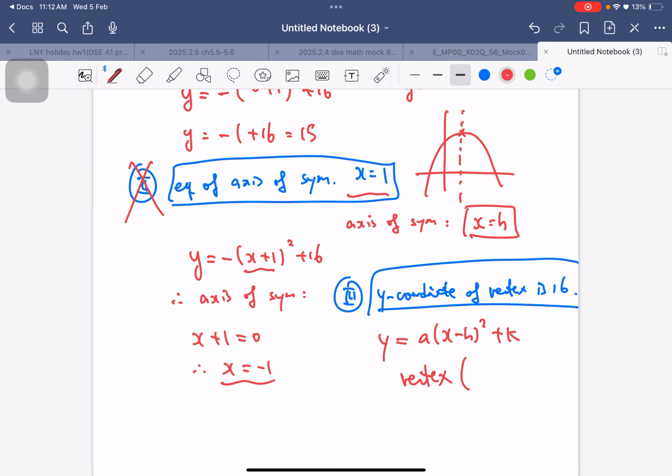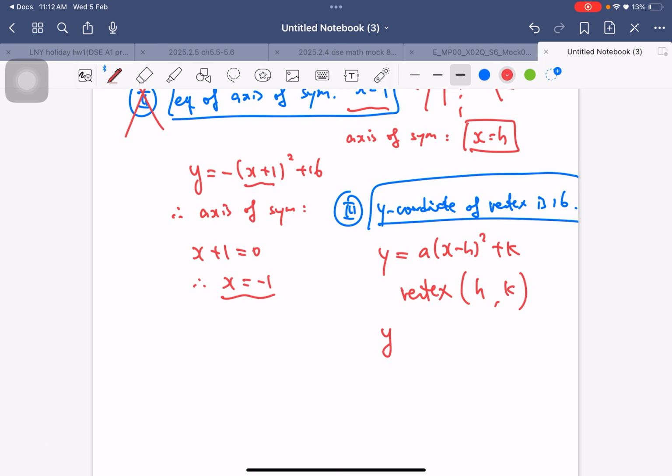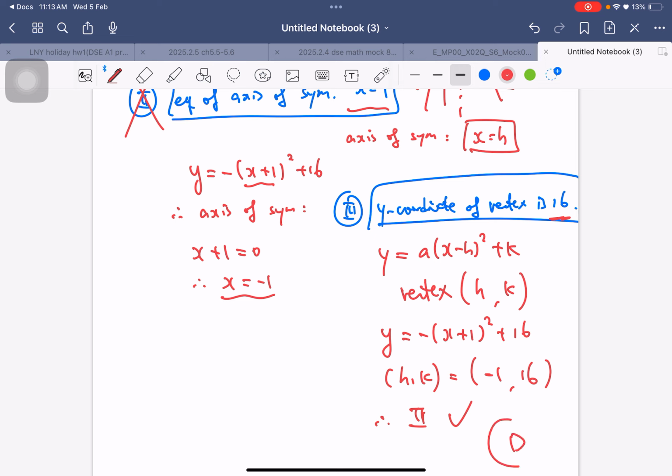What are the coordinates of the vertex? h and k. Now we have y equal to negative (x plus 1) squared plus 16. So what is the h, k? Negative 1 and 16. So is this correct? Yeah. So 3 is correct. That's the only answer left. And by the way, this is not c. c is the y-intercept. This is the k. Okay? So the answer should be D.